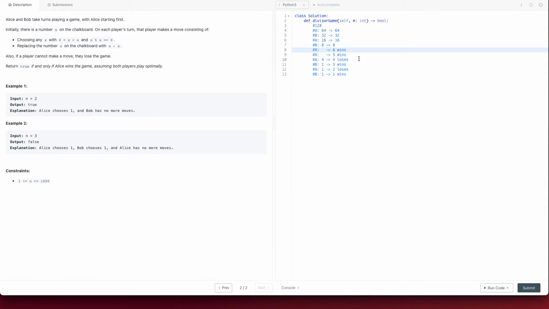So let's revert these, right? Loses false, because Alice goes first: wins true, loses false, wins true, loses false.